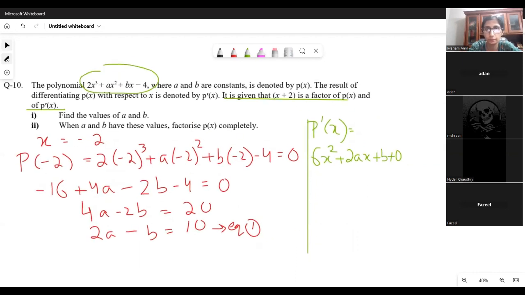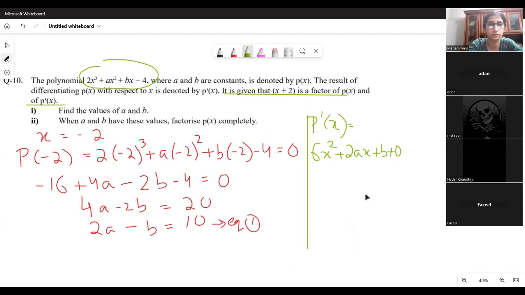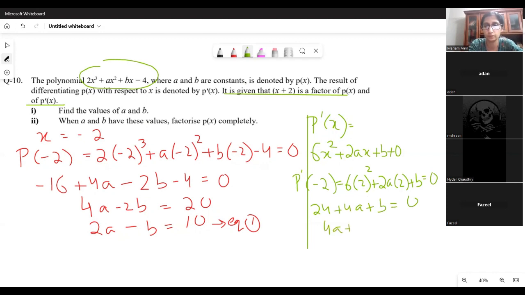So we'll write p'(-2), which will be equal to 6 times (-2) square plus 2a times (-2) plus b equals 0, which gives 24 minus 4a plus b equals 0. So 4a minus b equals 24.